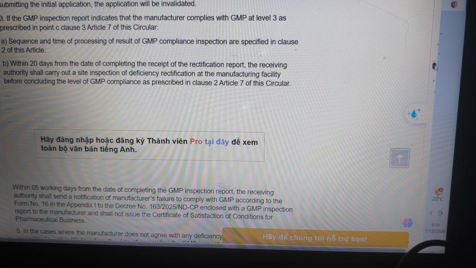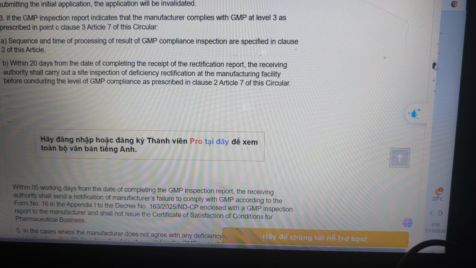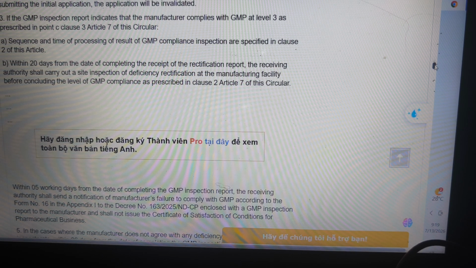The receiving authority shall carry out a site inspection for deficiency rectification at the manufacturing facility before concluding the level of GMP compliance as described in clause 2, article 7 of this circular.